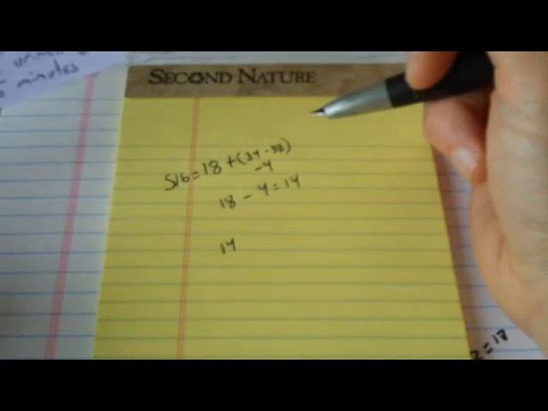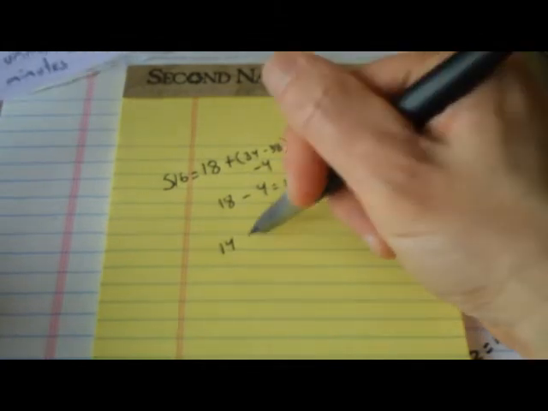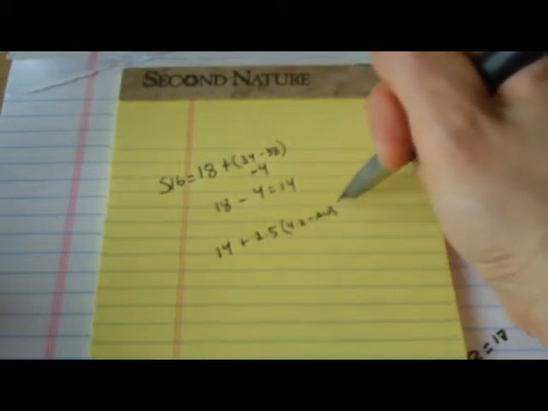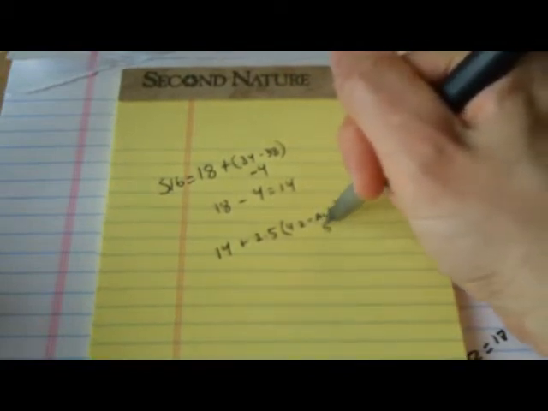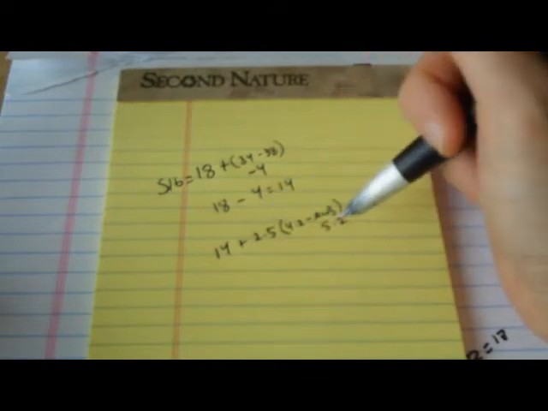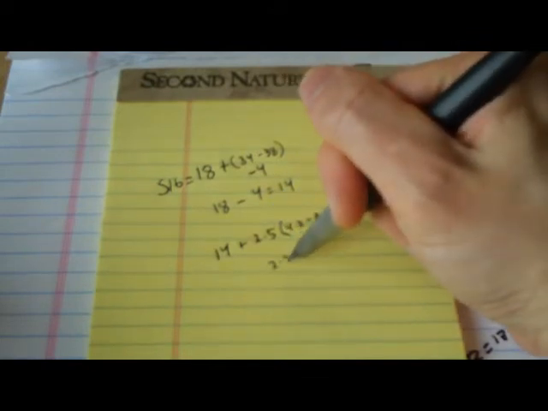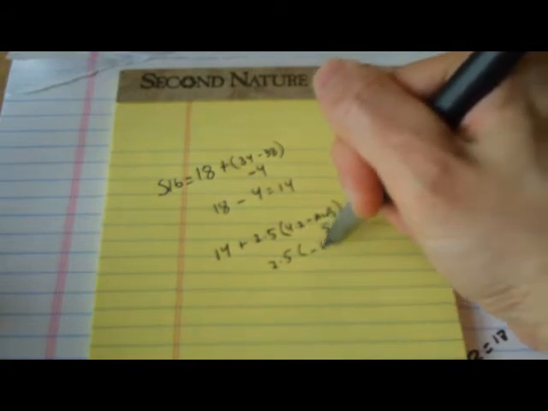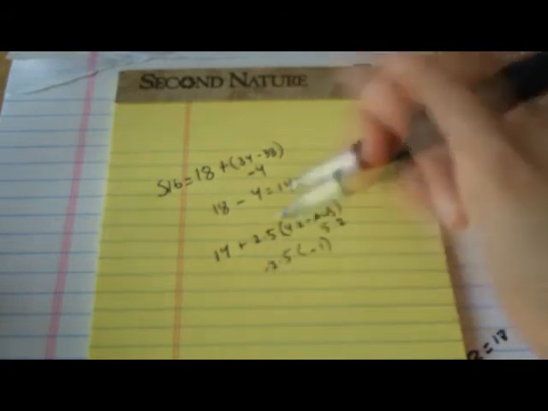Next part is to correct for albumin. And it's 2.5 times 4.2 minus albumin. We said albumin's 5.2. So now it's going to be 2.5 times minus 1. So it's minus 2.5.